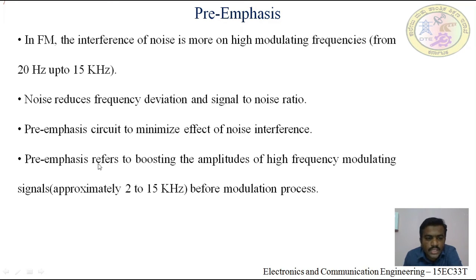This amplification is done in order to reduce the effect of noise. The amplified signals can be used to perform the frequency modulation, and this will increase the frequency deviation in the FM wave and also help to improve the signal to noise ratio in the generated FM wave.